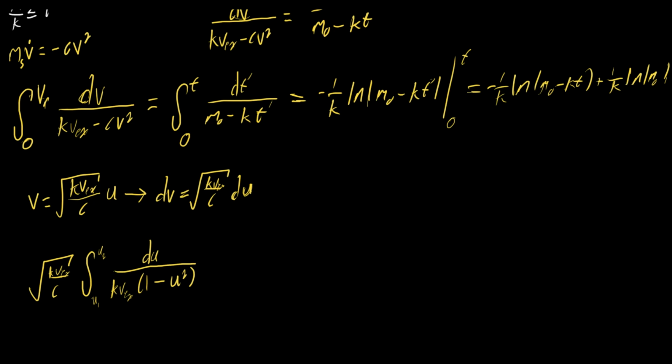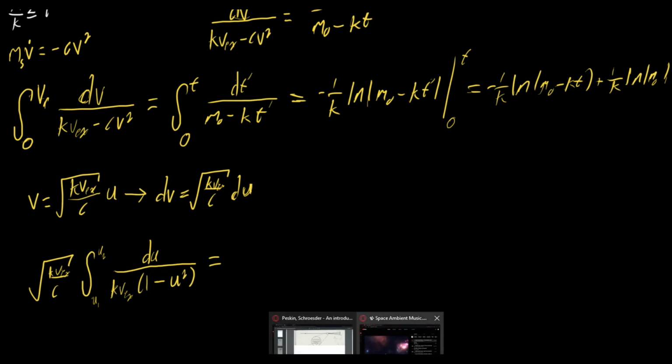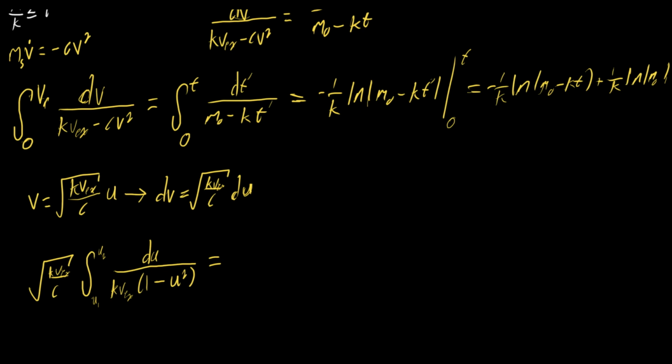As you can see now, we just have this beautiful clean 1 minus u squared. And we're going to just look at our table of integrals here and say that that is the inverse hyperbolic tangent. And let me just double check if that's correct. Alrighty, so I'm back. Indeed, it is the inverse hyperbolic tangent. You can split this denominator into partial fractions and then solve it as a logarithm.